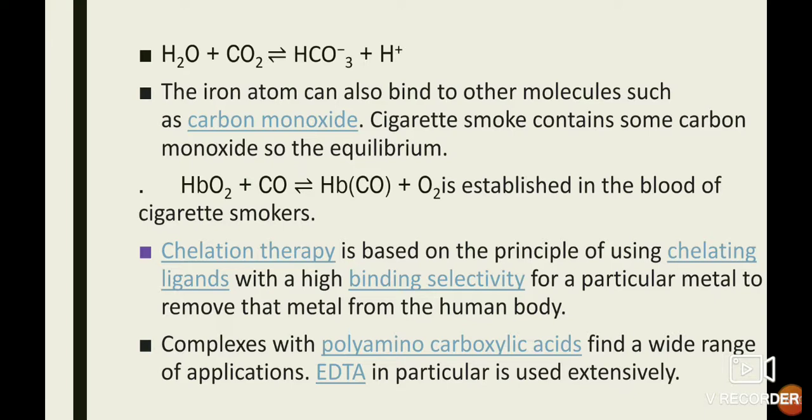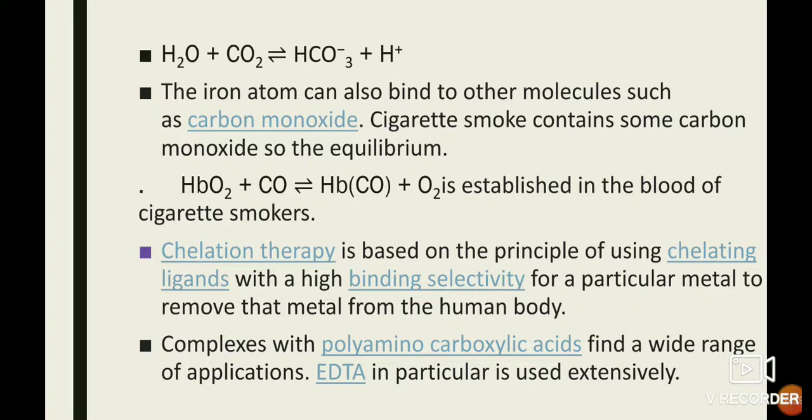Chelation therapy is based on the principle of using chelating ligands with a high binding selectivity for a particular metal to remove that metal from the human body.